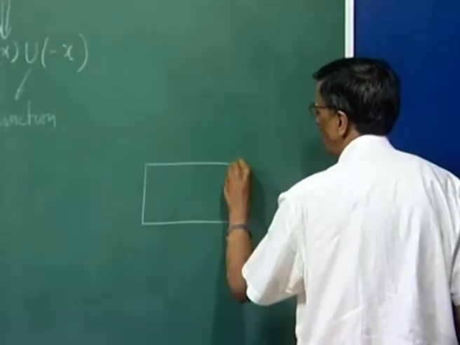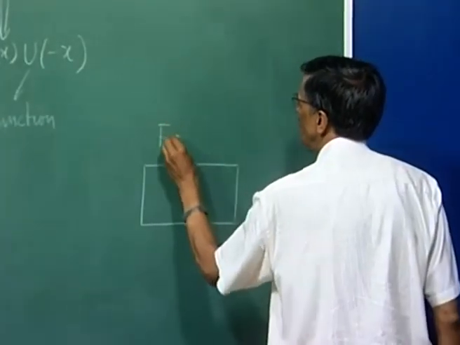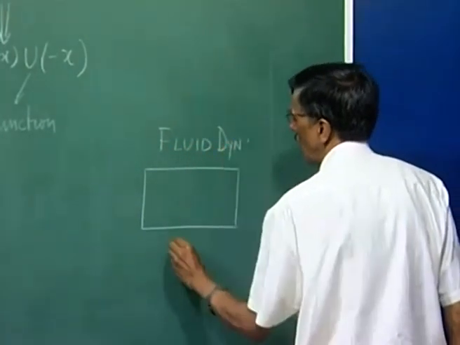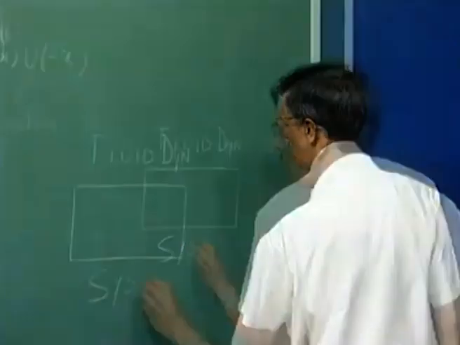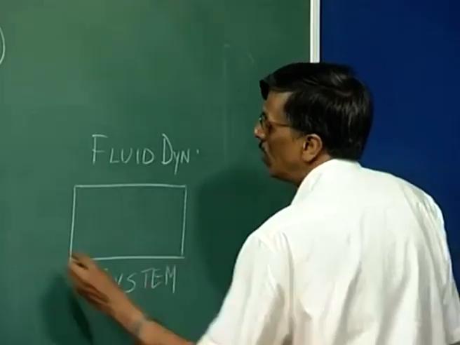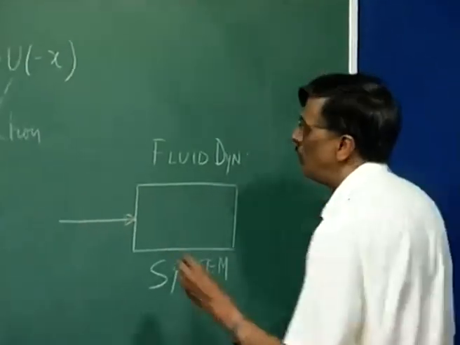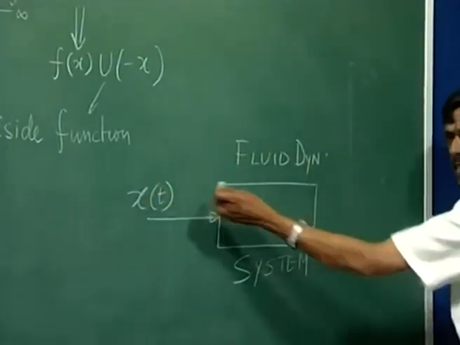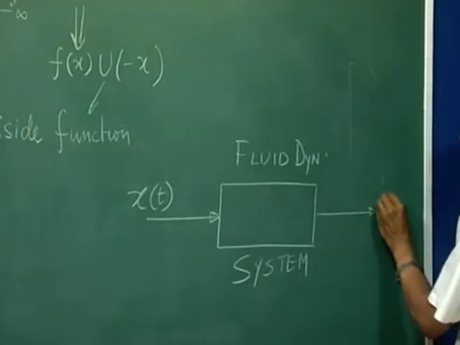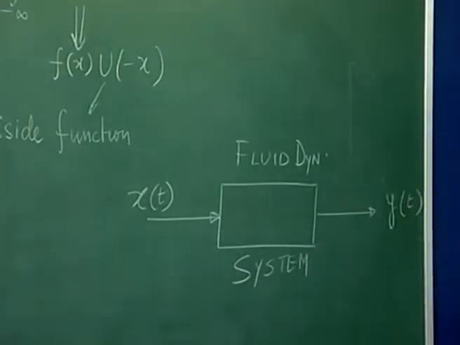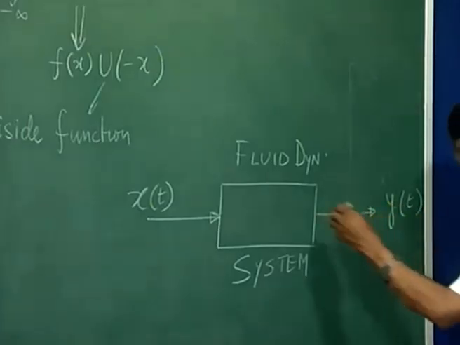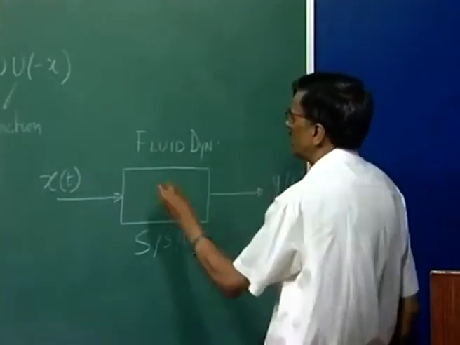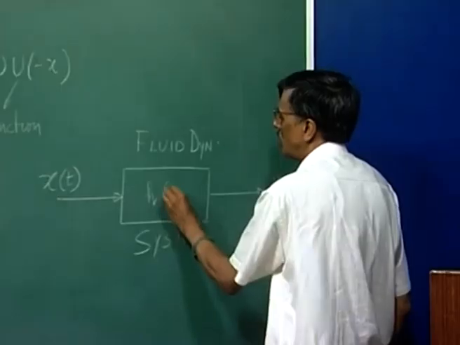So, this is your fluid dynamical system, and this is basically being excited, let us say by some simple thing, I call it x of t, and the output that I get, let me call that y of t. Okay. So, there is something this black box is doing, that is what we call the transfer function. I will call that h of t.